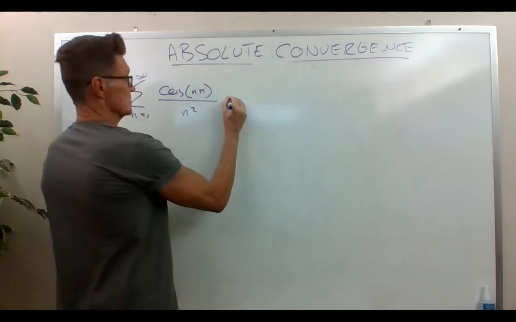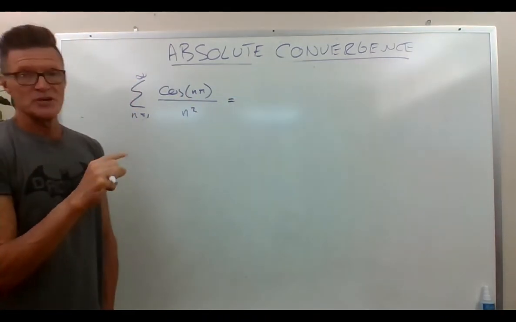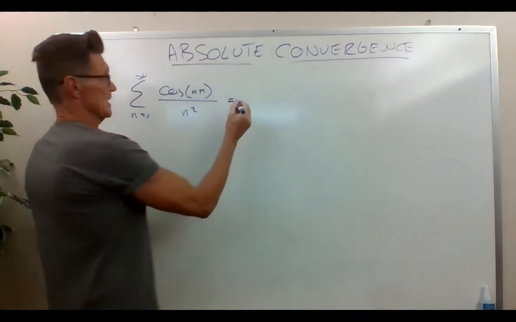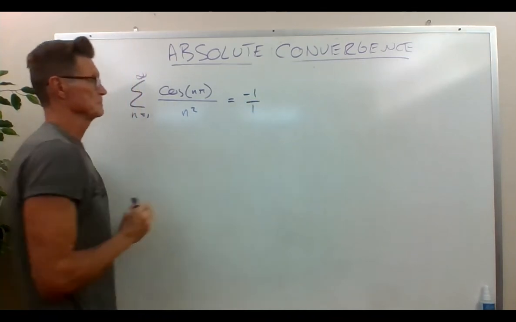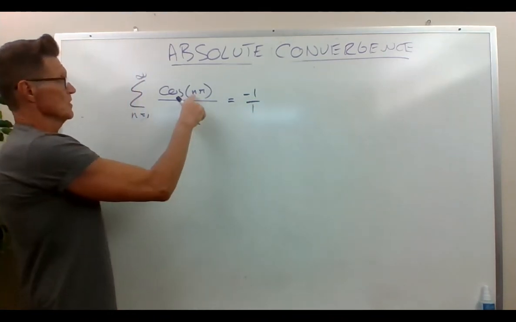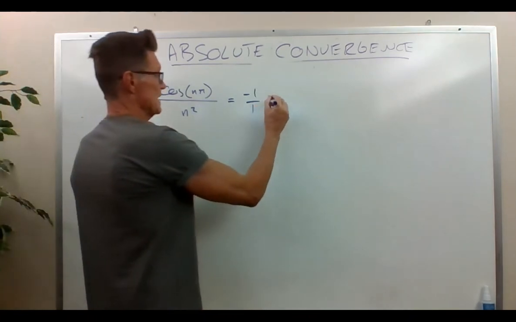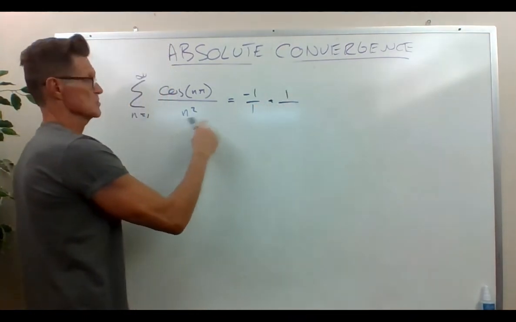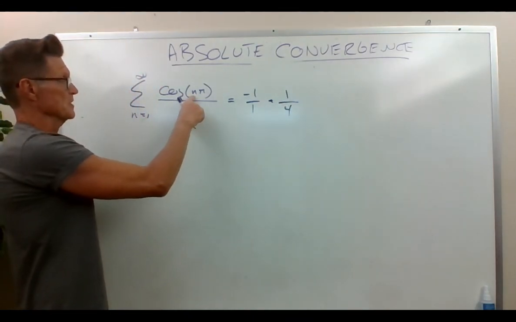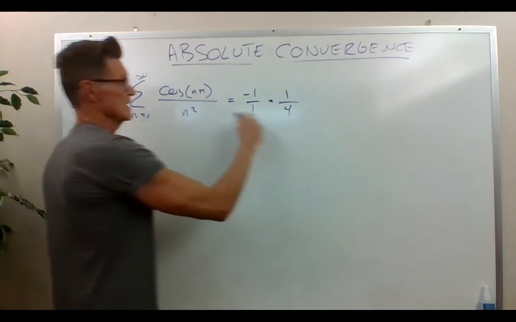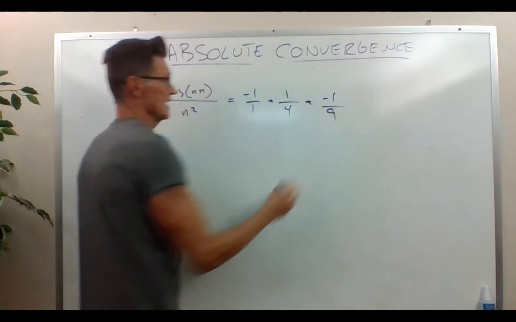As an example, the first few terms of this series: when n is equal to 1, the cosine of pi is -1, over 1 squared, which is 1. The next term, when n is 2, the cosine of 2 pi is +1 over 2 squared, which is 4. The next term is going to be 3. The cosine of 3 pi is -1 over 3 squared, 9, etc.